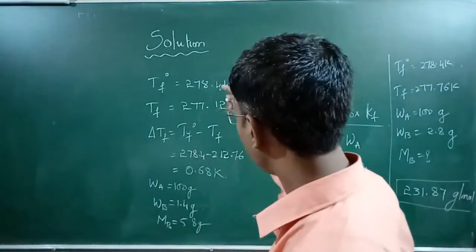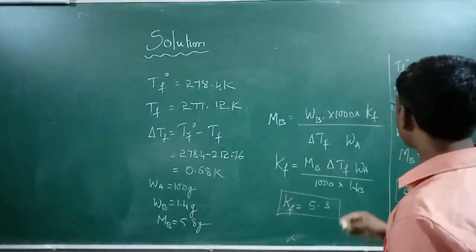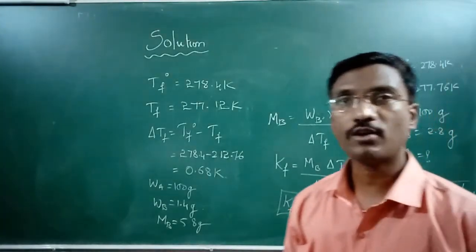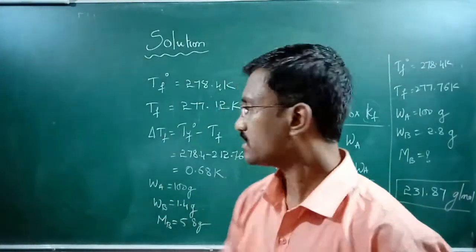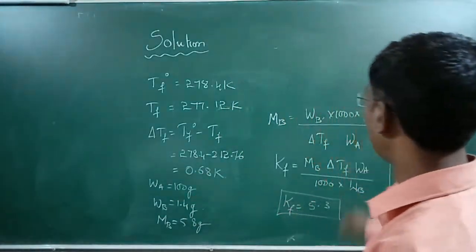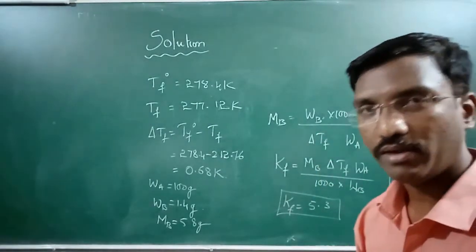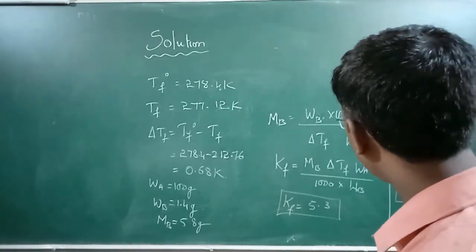And using this concept, what we have to calculate first is the freezing constant, right? That is Kf. They have not mentioned the Kf value. For that reason, using this previous data, we have to calculate the Kf. We know the MB formula: MB is equal to WB into 1000 into Kf, whole divided by delta TF into WA.